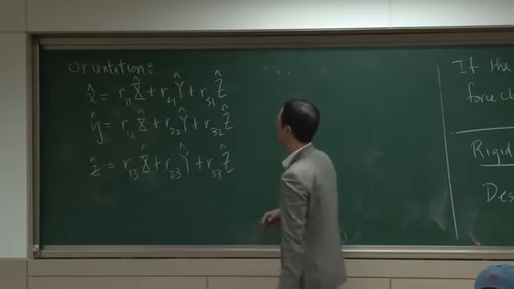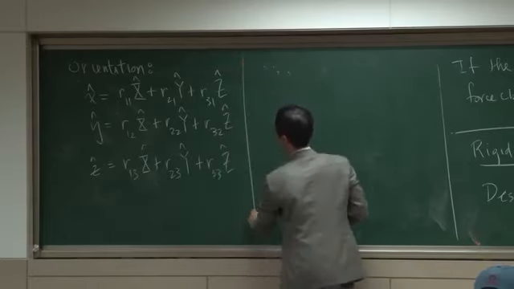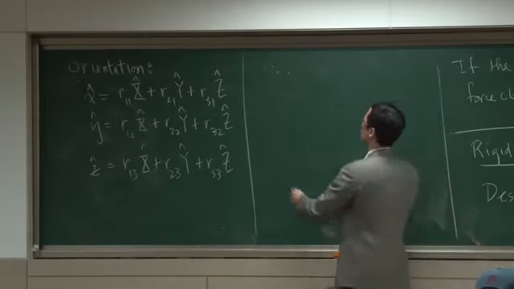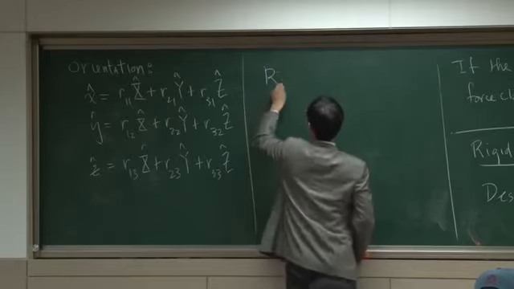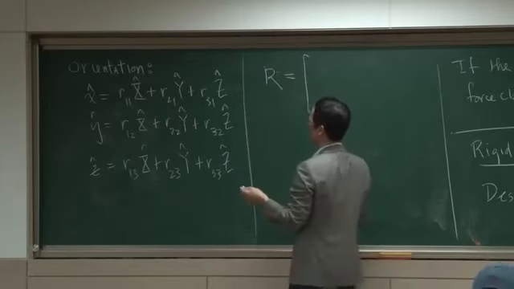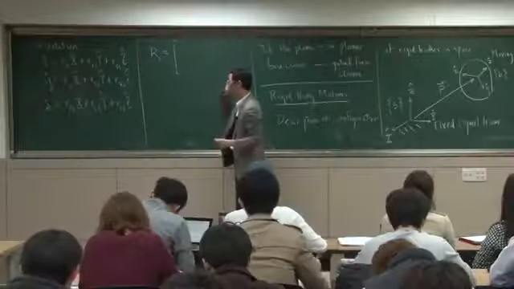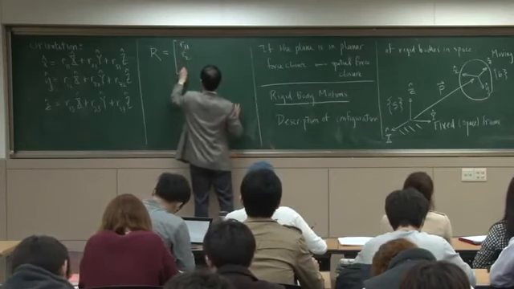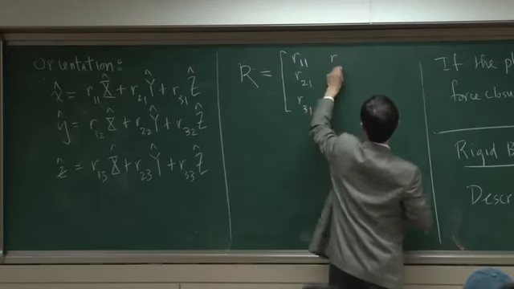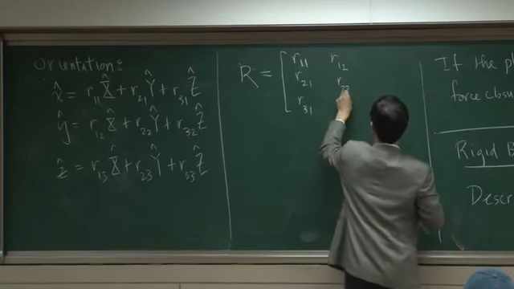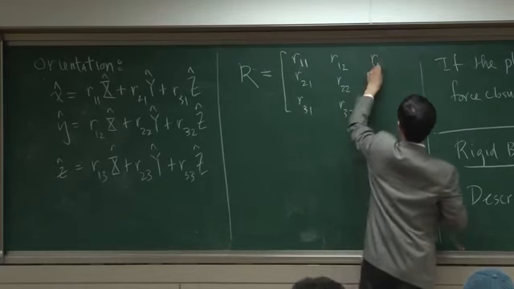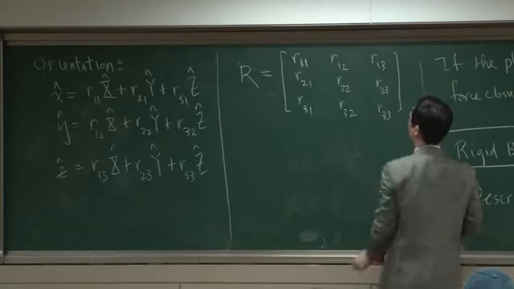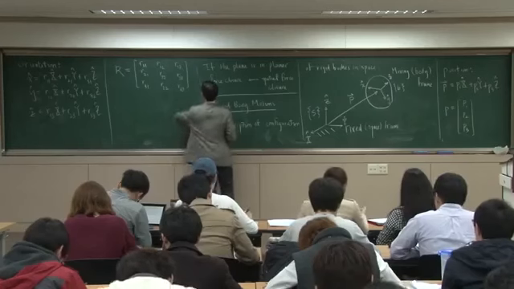So that's 9 numbers. Let's organize these 9 numbers into a 3x3 matrix, R11 and so on. All right, so there it is.